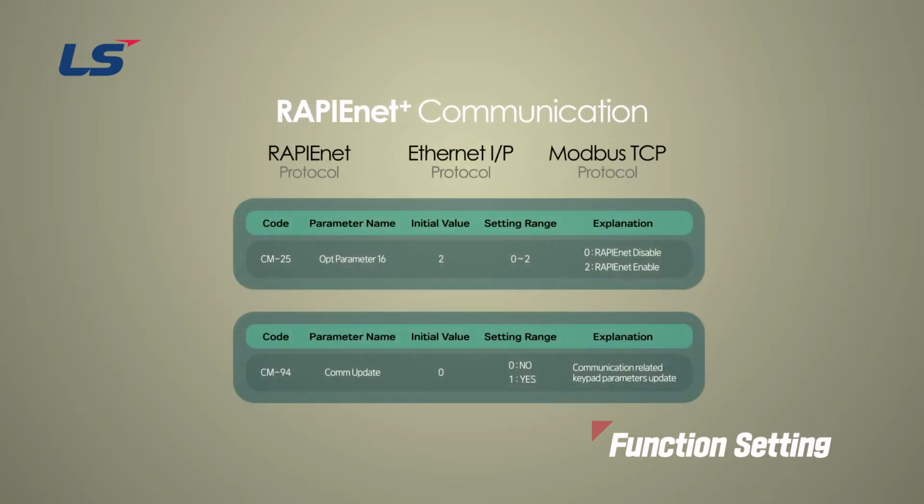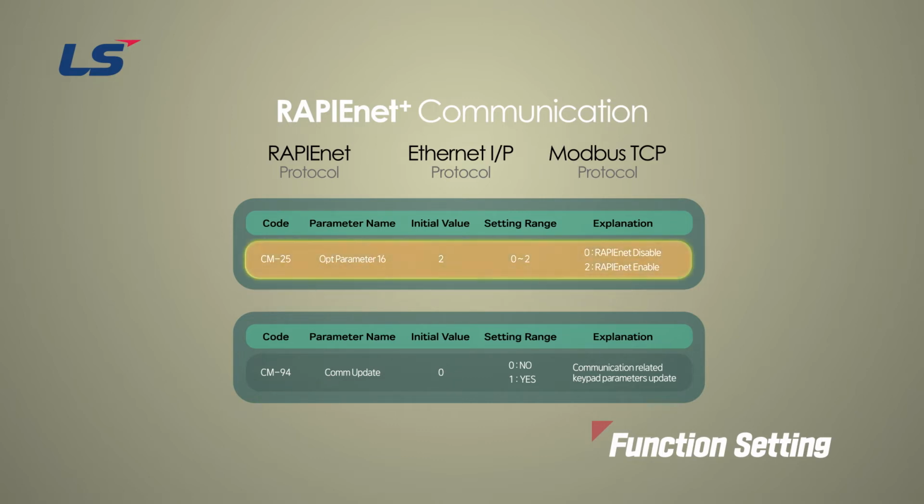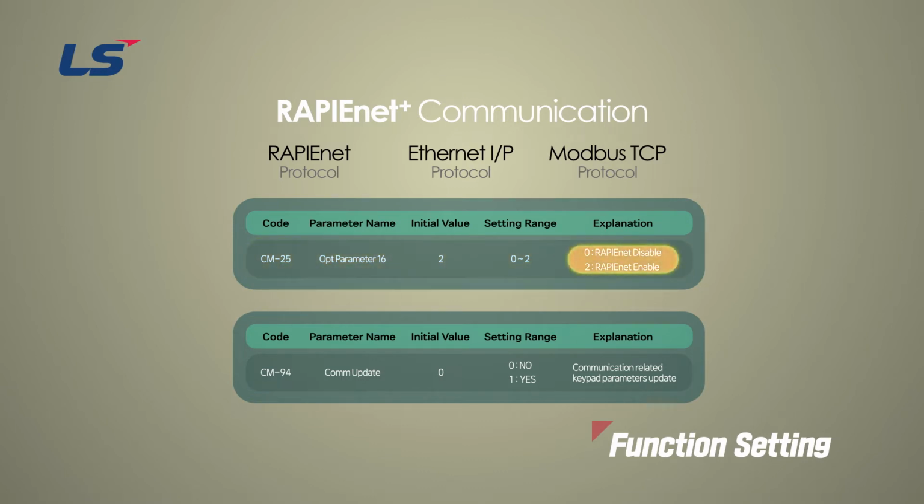RAPIEnet Plus communication supports 3 protocols for information exchange: RAPIEnet, Ethernet IP, and Modbus TCP. Therefore, the protocol of the communication method used for communication setting must be set, and it can be selected from CM Group 25, and either RAPIEnet Enable or RAPIEnet Disable can be selected.